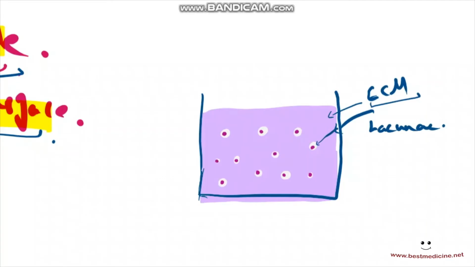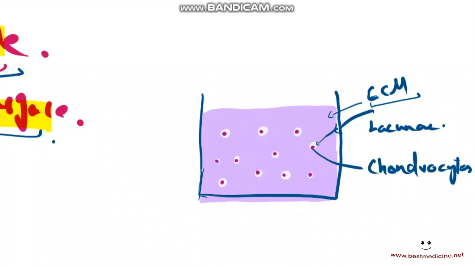These lacunae contain densely stained cells, and these cells are called, any guesses? These are called chondrocytes.